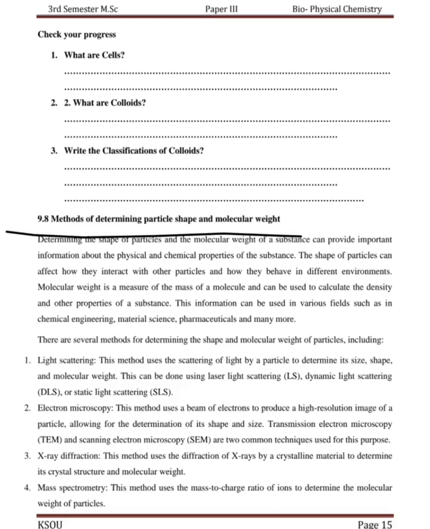It can provide important information about the physical and chemical properties of that substance, to identify those properties. Molecular weight is nothing but a measure of the mass of molecules, and it can be used to calculate the density and other properties of a substance.